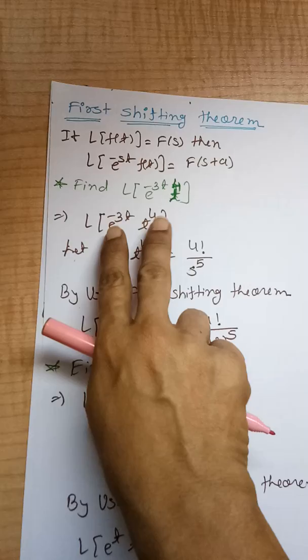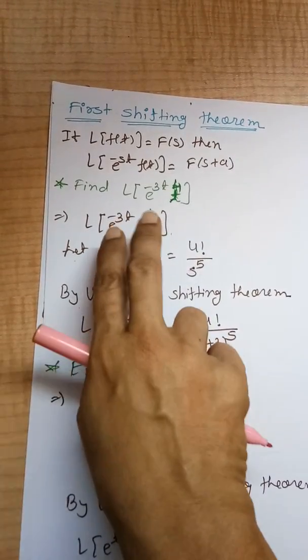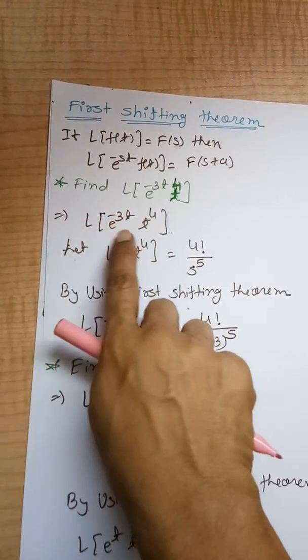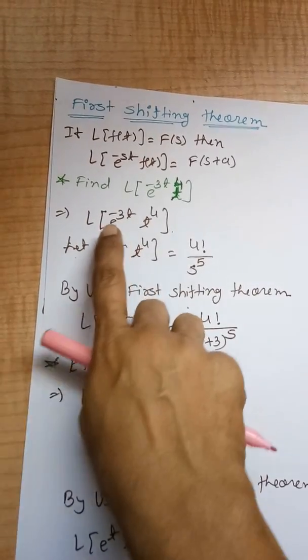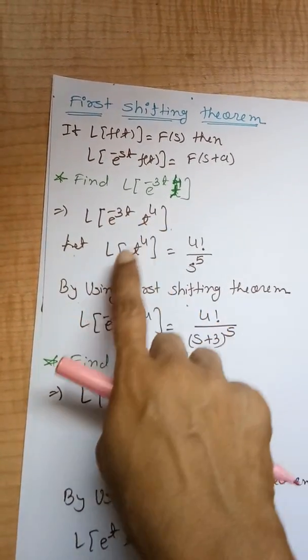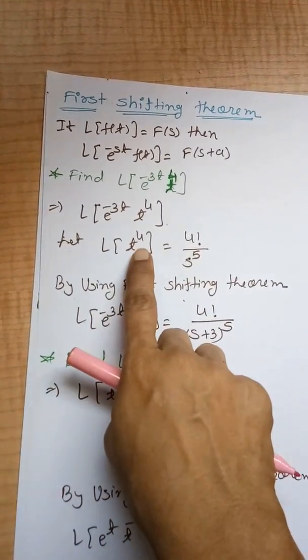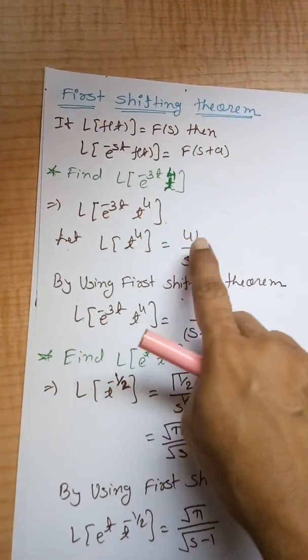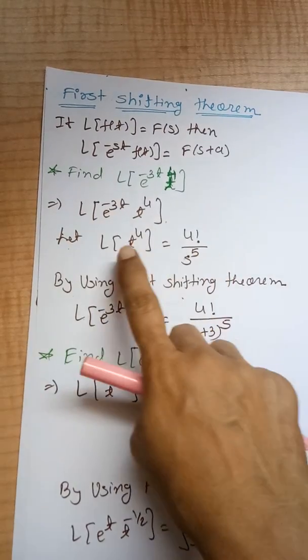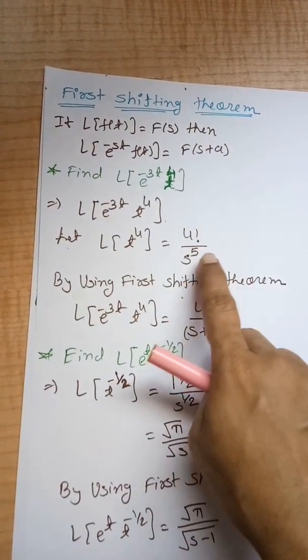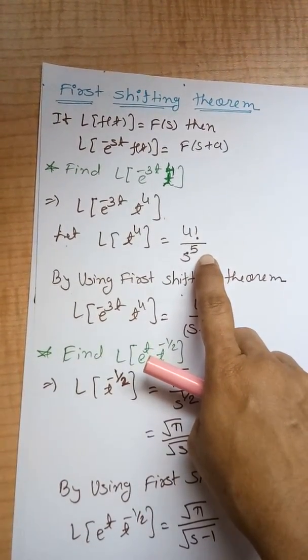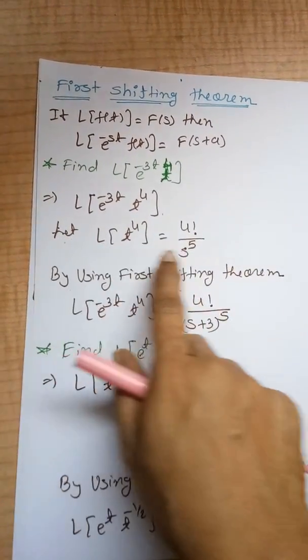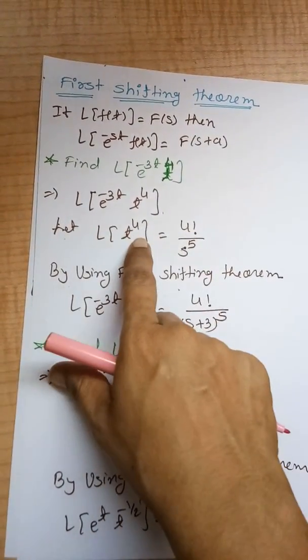Here we have two terms, and one of them is exponential. So first we find the Laplace of t raised to 4. Laplace of t raised to n, where n is 4, is n factorial upon s raised to n plus 1. So Laplace of t raised to 4 is 4 factorial upon s raised to 5.